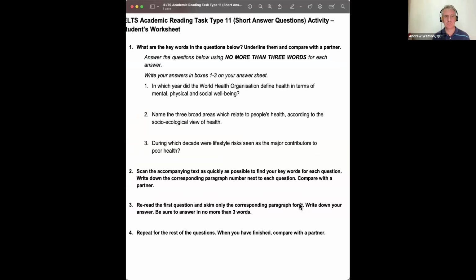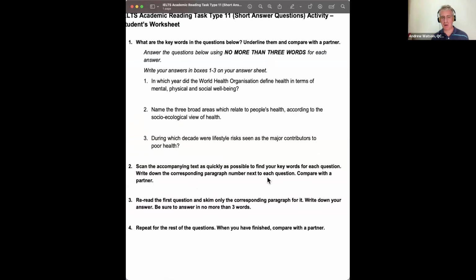So the suggested procedures are the following. Scan the accompanying text, which I haven't given you yet, as quickly as possible to find your keywords for each question. Write down the corresponding paragraph number next to each question. Let me give you that. Need to give you the reading. The reading text.